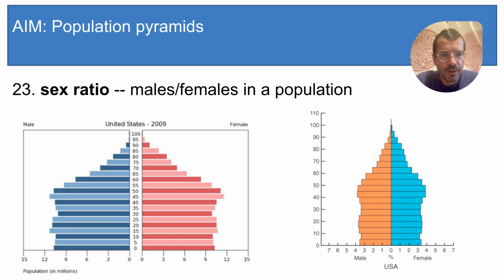For example, this pyramid on the right shows that in the 15 to 20-year-old bracket, about 3.5% of the total population were men, and about 3.5% of the total population were women. Both of these pyramids are giving the same information, but they're expressing it in a slightly different way. Pay attention when you see these graphs to the x-axis. Is it giving you the total population or the percentage of the total population?